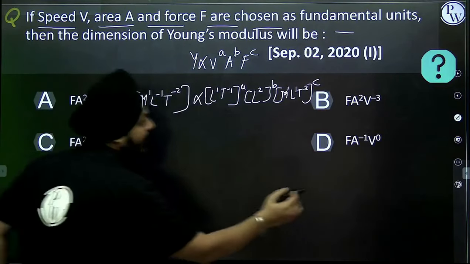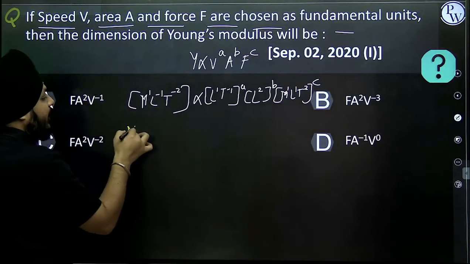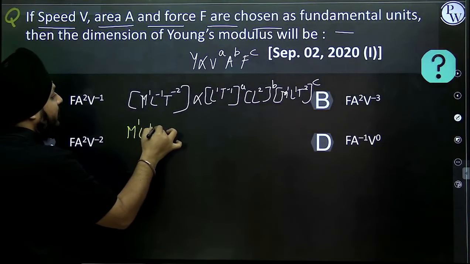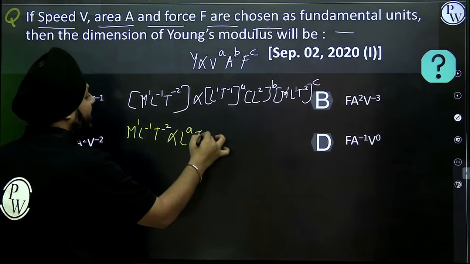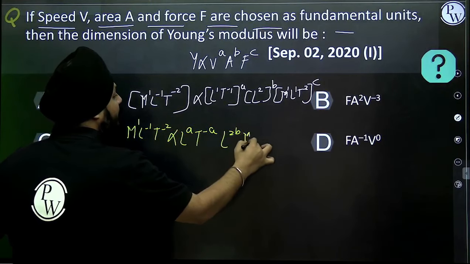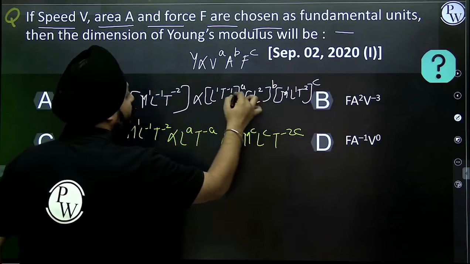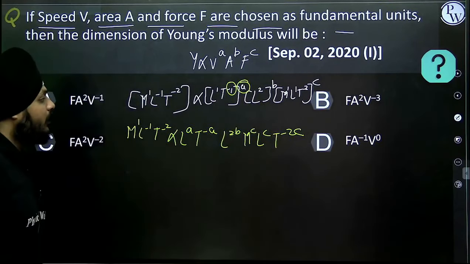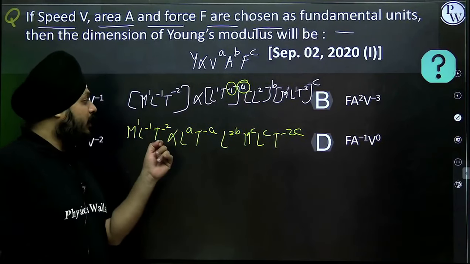Now on the LHS we have M1 L minus 1 T minus 2, which is proportional to L to the power a, T to the power minus a, L to the power 2b, M to the power c, L to the power c, T to the power minus 2c. We multiply this out.